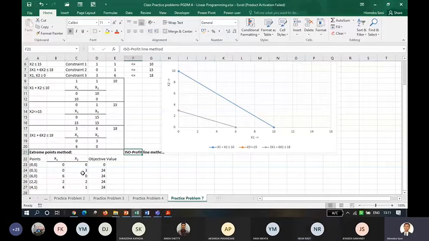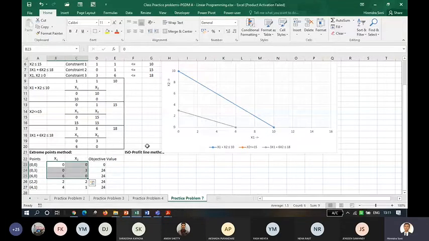What is happening here is that we are evaluating multiple extreme points. We started with multiple extreme points and we had only 3 extreme points. One was this, the other was this, and the third one was this.